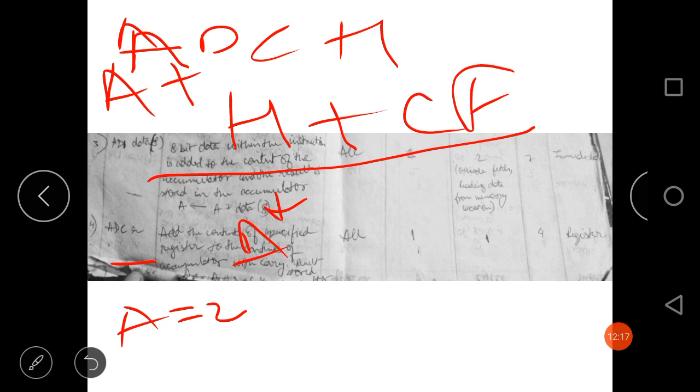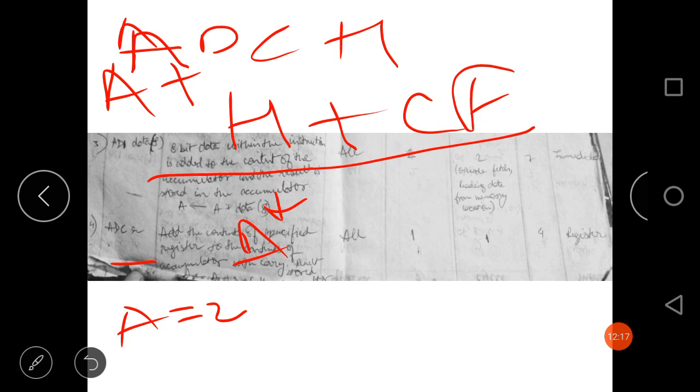After fetching the opcode and decoding it, the microprocessor will get to know it has to add the content of the accumulator, then the content of the register and the carry flag, and all these three things are present inside the microprocessor, so it does not need any extra machine cycles. In one machine cycle only, the whole instruction will get executed, that is the opcode fetch machine cycle.